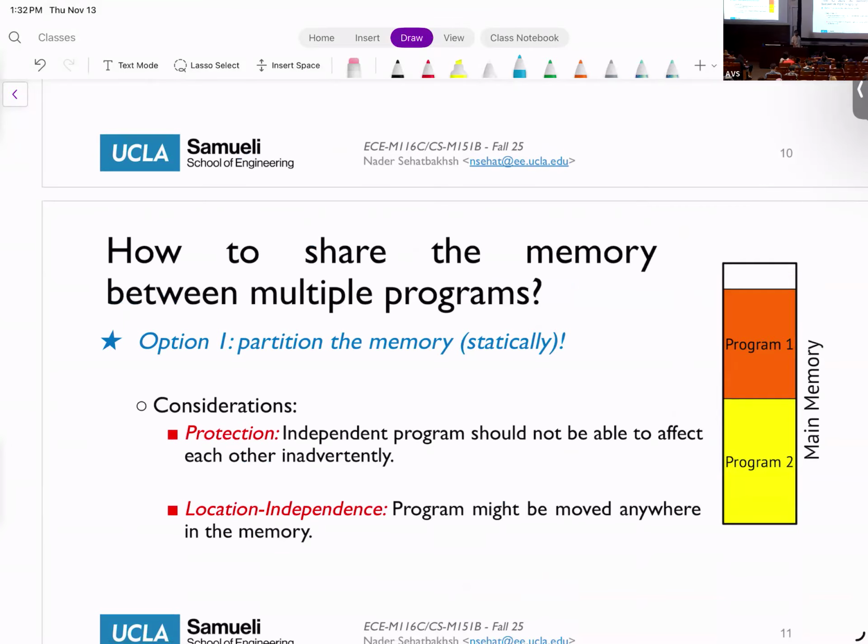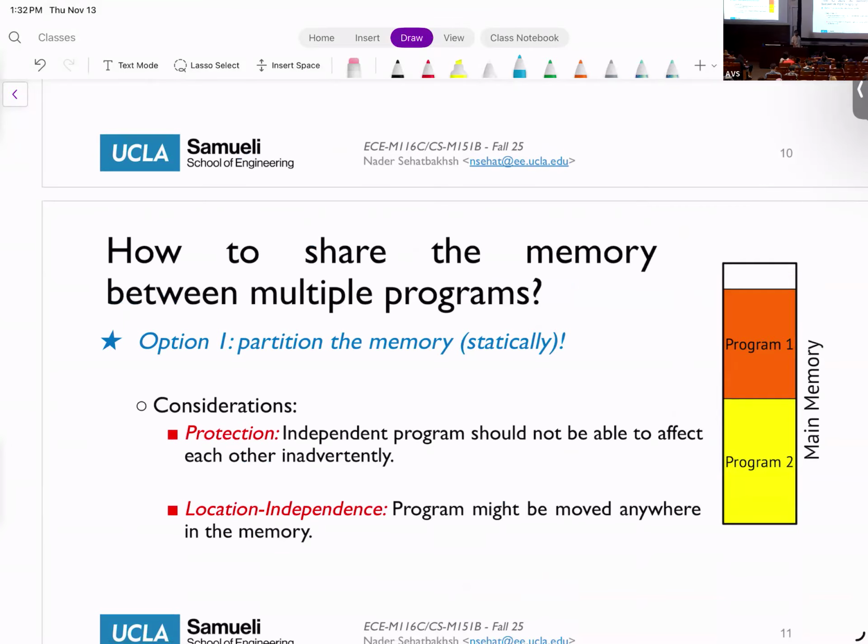And the second thing is that my program should be able to run regardless of where it's stored, because in this system, you might store program 2 here, but let's say I download the same program in another computer, program 2 is stored here, right?